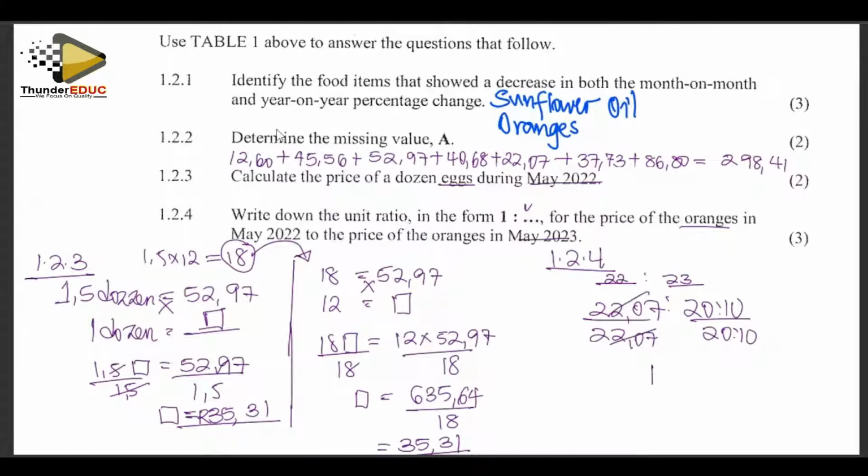This goes with that because I'm aiming at having a 1. Sorry about that. This is supposed to be 22, 7 cents.